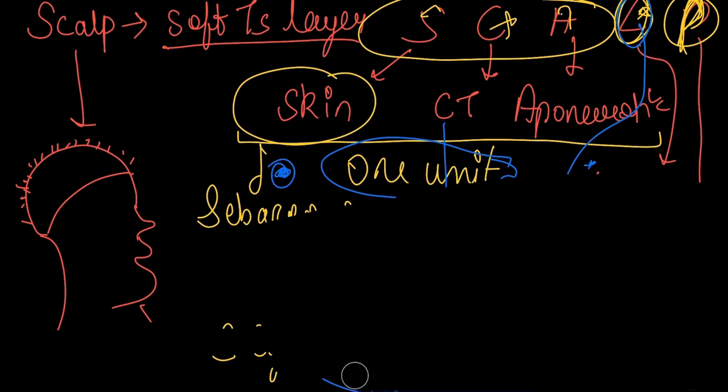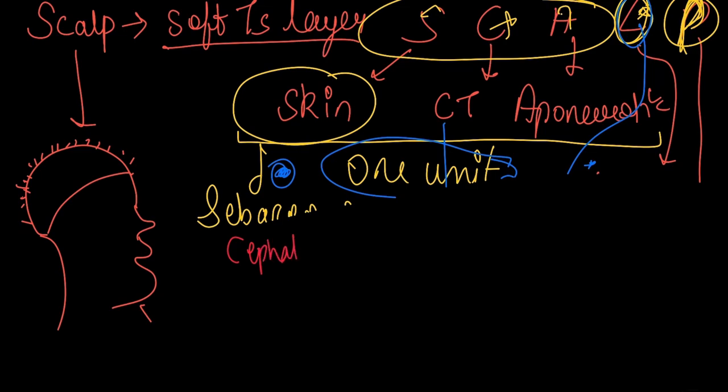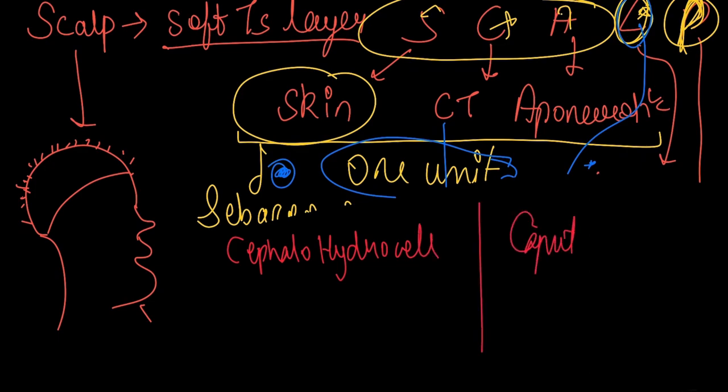The two differences which we need, or the examiner might ask, are about these two anomalies, that is cephalohydrocele plus another, caput succedaneum.